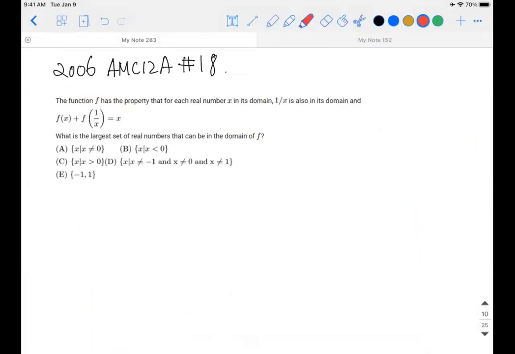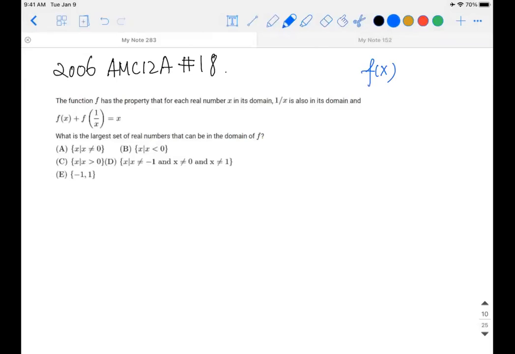The problem says the function f has a property that for each real number x in its domain, 1 over x is also in its domain. What does it mean? It means that, let's say, x is in the domain means f(x) is reasonable, right? If x is outside this domain, of course, this is not going to be reasonable, right?